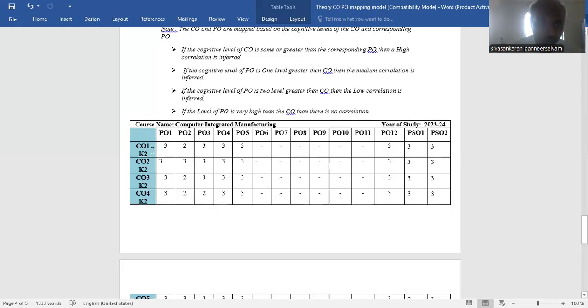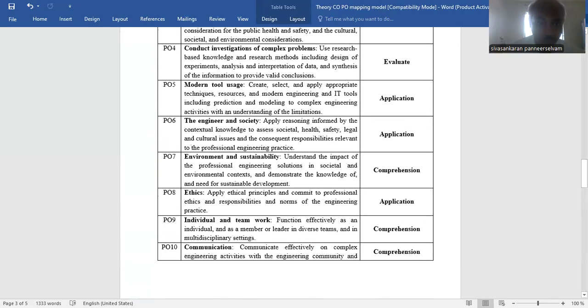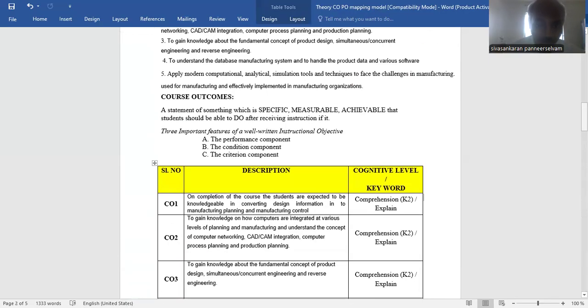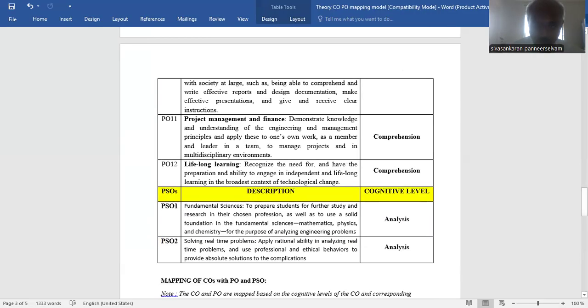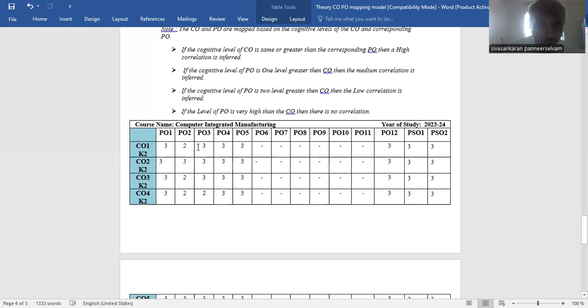What is CO1? CO1 describes the ability of students to develop knowledge by converting the design information into manufacturing planning and control. So this CO1 has to be mapped with the program outcome PO1.